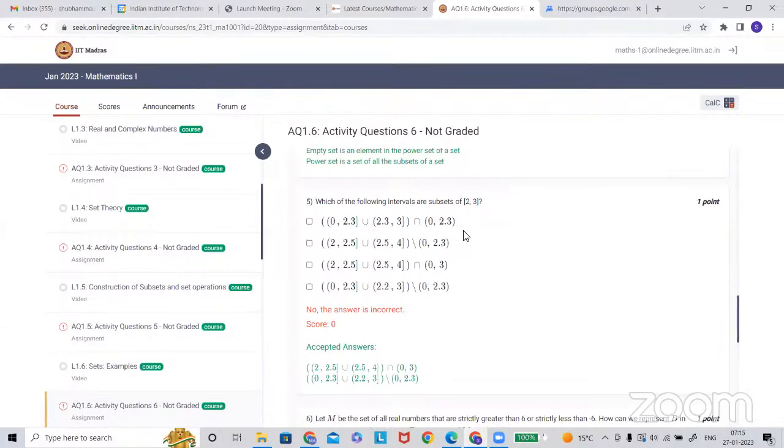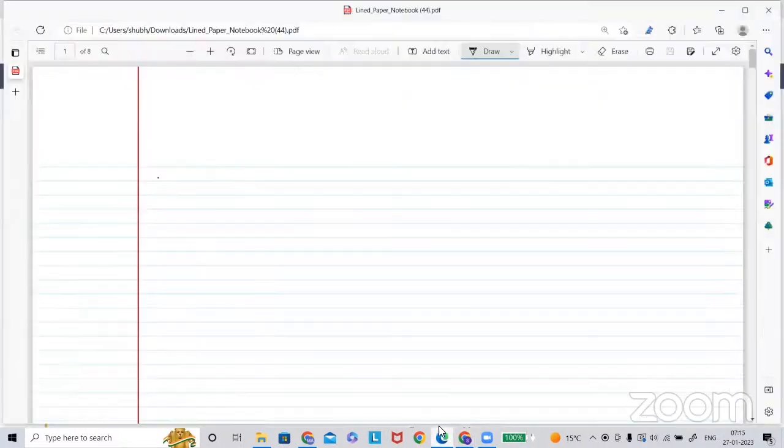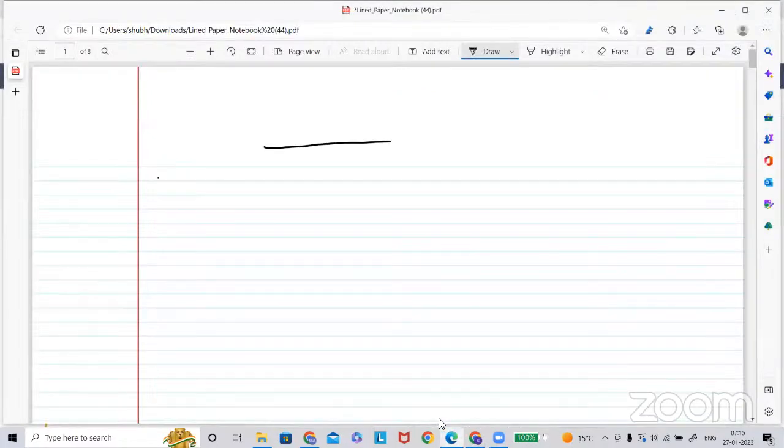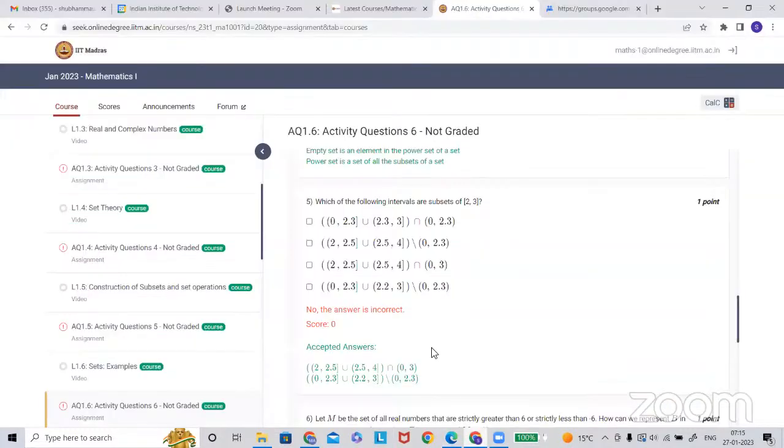See, the best way to do this is making the intervals on a number line like this. I solved it like that. Let me take the same question. Which of the following intervals are subsets of the closed interval 2 and 3?